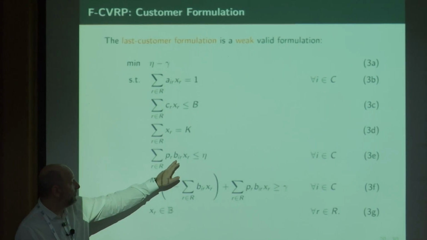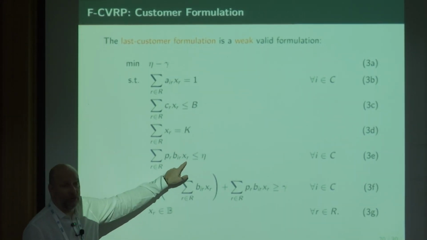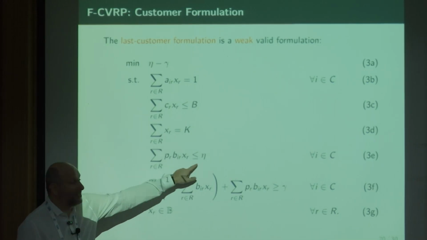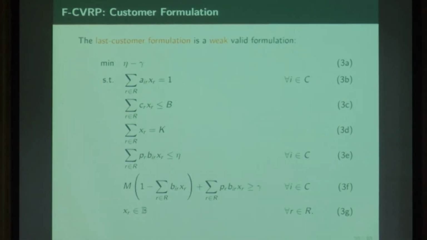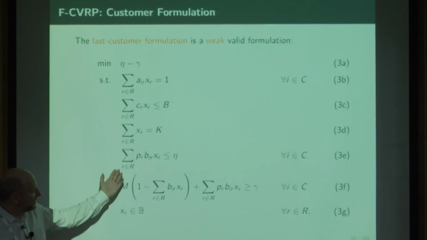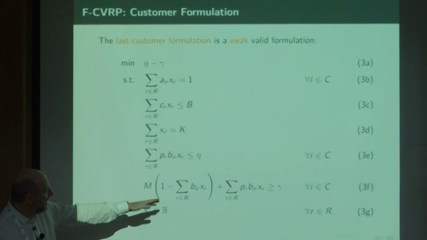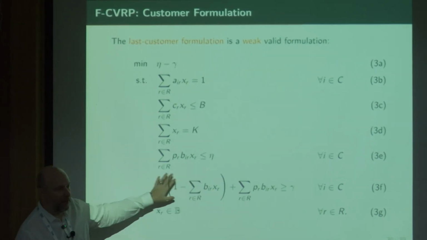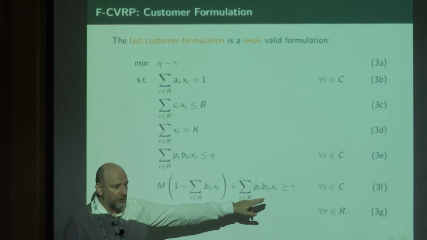So there are multiple ones here, but only one of those will have the XR equal to 1. And then this tells you that you have to take the largest payoff in that case. The same thing happens for the second constraint, for the gamma, except that here you need a big M component in order to take into account this greater or equal version of the problem.